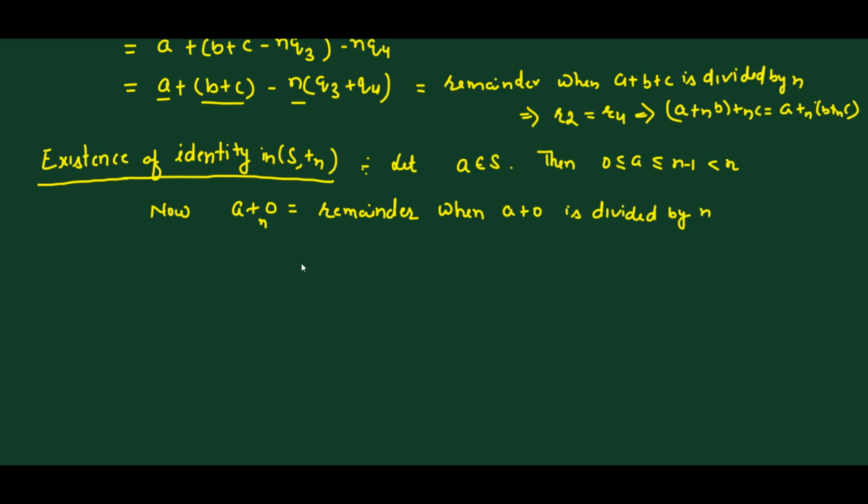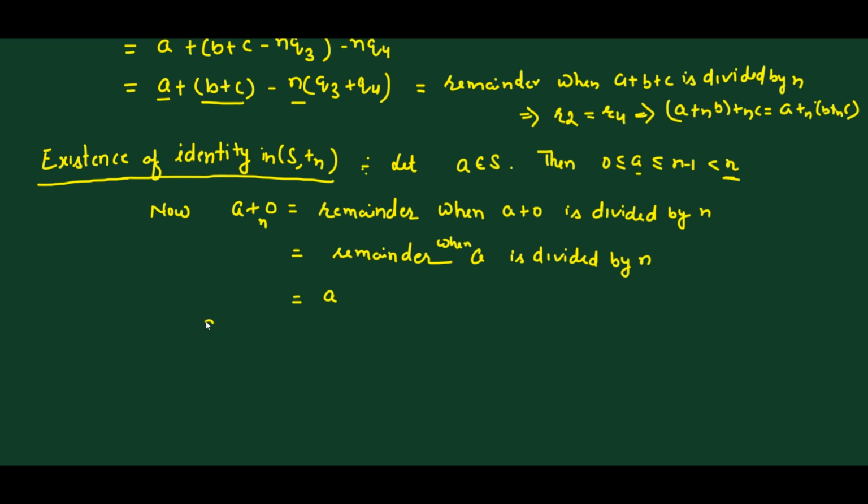So this is the remainder when A plus 0, meaning A, is divided by n. Since A is less than n, if you divide A by n, then A itself is the remainder, because A is less than n.